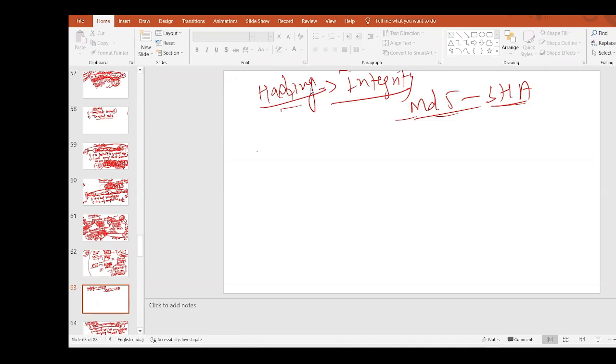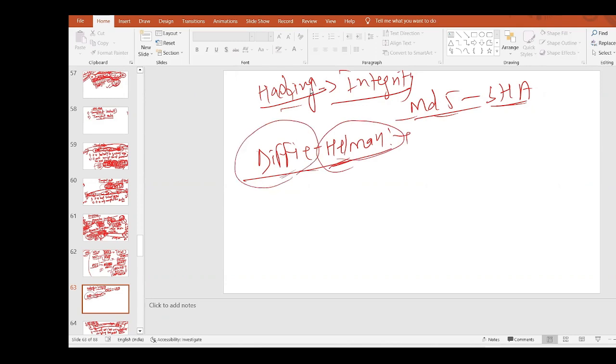Now there is also Diffie-Hellman, DH. This is from around 1975. Hellman is like the teacher and Diffie is his student. Both created an encryption method.